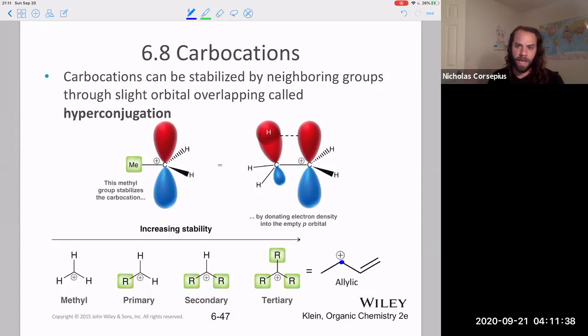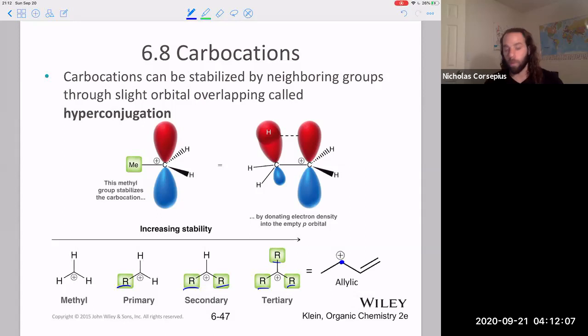So what is it that makes adding carbon-carbon bonds stabilize that carbocation? It's actually that very weird phenomenon we talked about before, hyperconjugation, right? We talked about hyperconjugation as why the staggered conformation in our Newman projections had quite a bit of stability. It's the same effect that's stabilizing a carbocation.